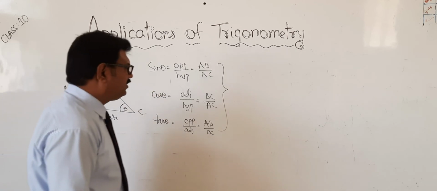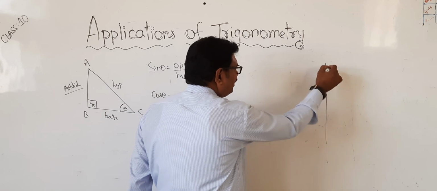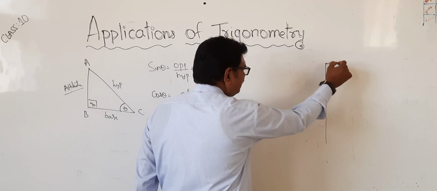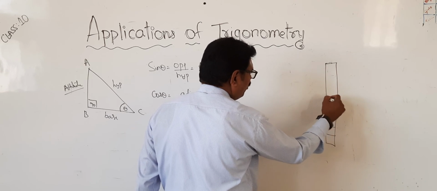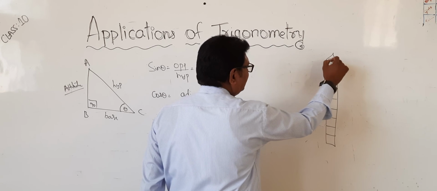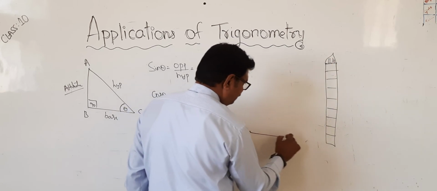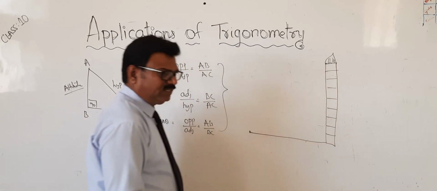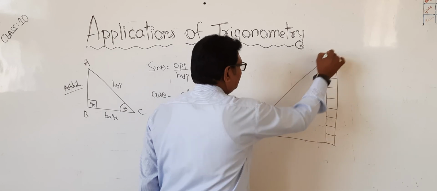Now, for example, here a tall building is there, otherwise a pole. One pole is there here. A person is standing here and seeing this pole.